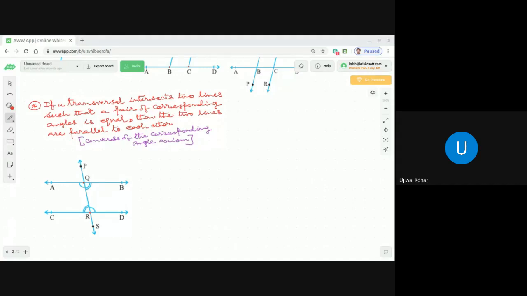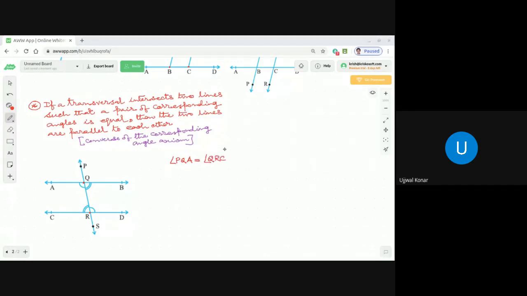You see that PQA is equal to QRC, because we get it from the corresponding angles theorem, correct or not? I repeat, PQA is equal to QRC. That is the corresponding angle axiom. So what I'm going to write here is that angle PQA is equal to angle QRC.